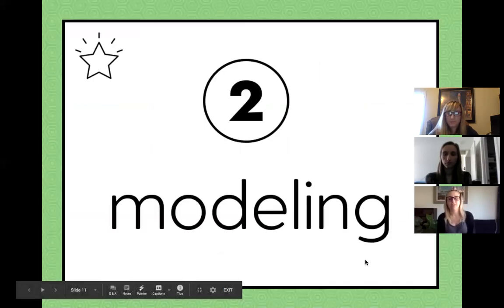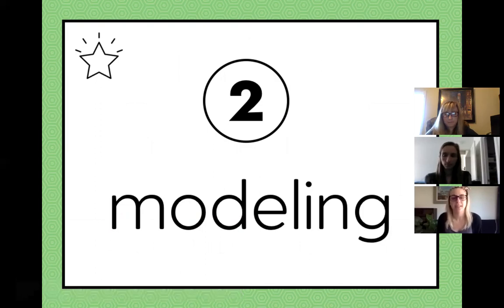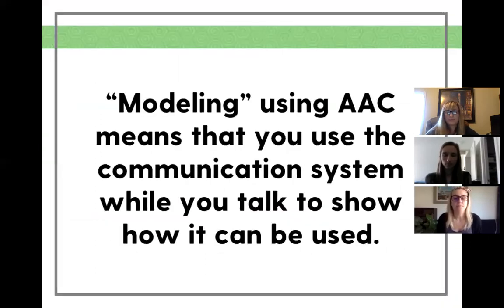Okay, so the second one is modeling, and this one is extremely, extremely important. Modeling using AAC means that you use the communication system while you talk to show how it can be used. If you think about a baby learning to talk, they're looking at their mom's mouth.